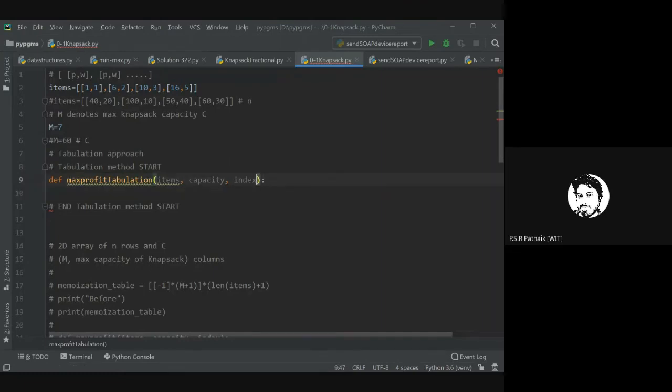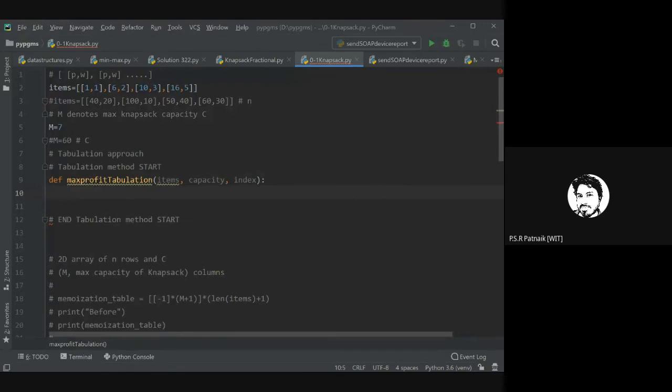So I'll still be using the same parameters, items, capacity, and index. So tell me, what is the first thing I need to do? If you recall our earlier lecture, what was the first thing we did in the tabulation method?